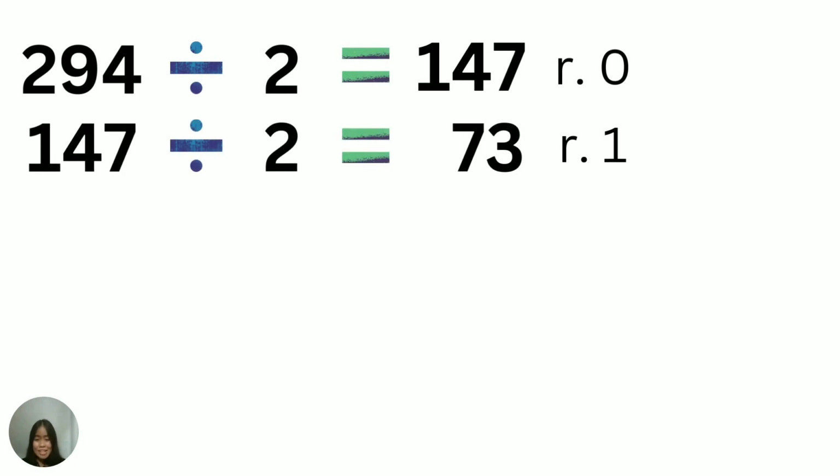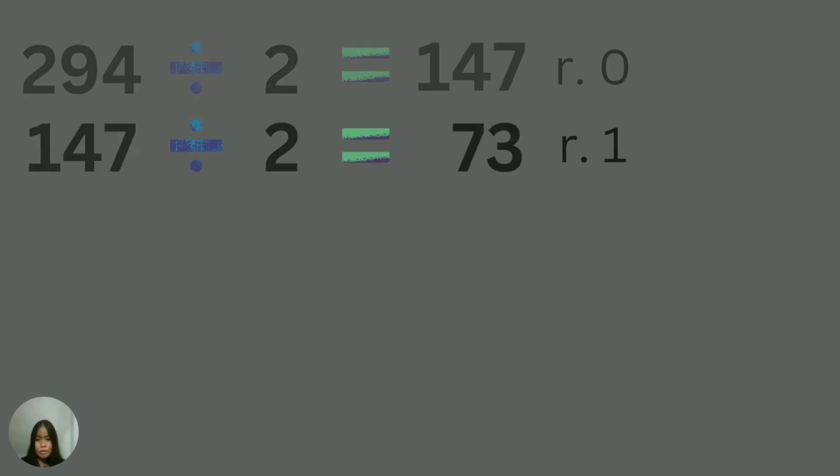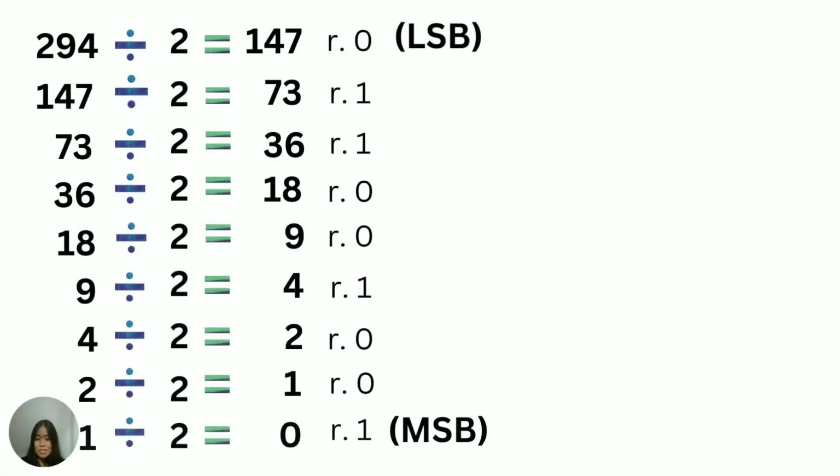This process of taking the integer quotient and making it the new dividend, and once again dividing it by 2, as well as obtaining its remainder value, goes on and is continually performed until the quotient finally reaches 0. And once it reaches 0, the division process will be terminated.